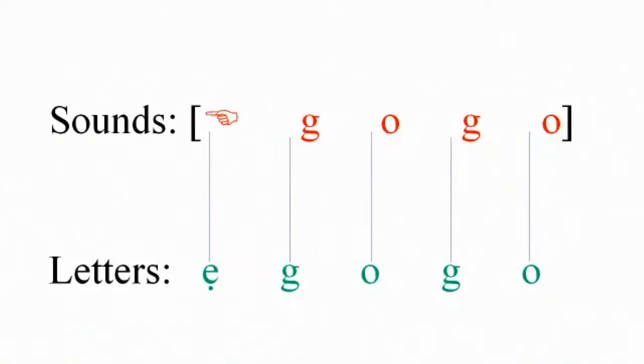And anywhere you hear that sound, you put that orthographic symbol. And that is the case of the E in Egogo in red, and then in green, you use the letter E with a subdot, compulsorily with a subdot. Otherwise, it sounds A.